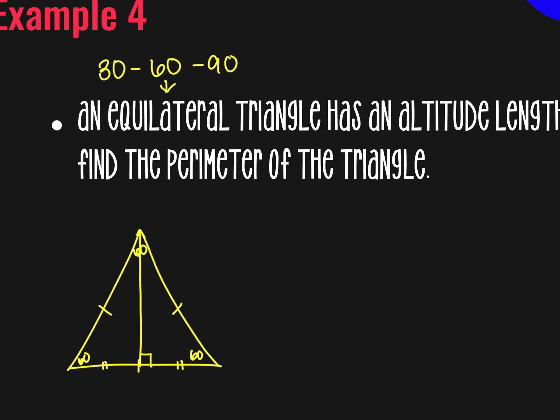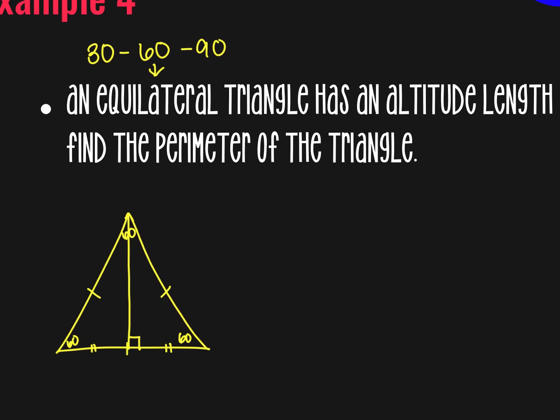So I'm going to go ahead and separate this triangle just so I can label what I need. They told me the altitude was 5, so I'm going to make this 5 right here. They're still asking for the perimeter.